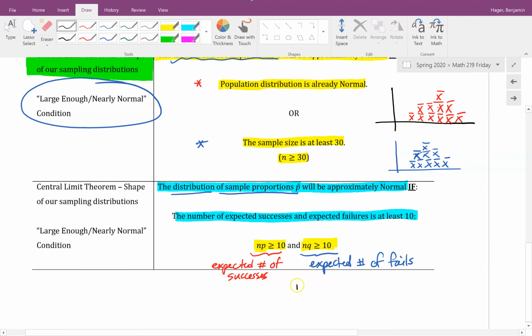So, for example, if I'm looking at Democrats versus non-Democrats, as long as I sample enough people that I'm going to have 10 people say yes, I'm a Democrat, and 10 people say no, I'm not a Democrat, that's enough to ensure that all these p hats, just like with the sample means, are going to fall into a normal distribution pattern, some nice bell-shaped curve that's easy for us to study and analyze.